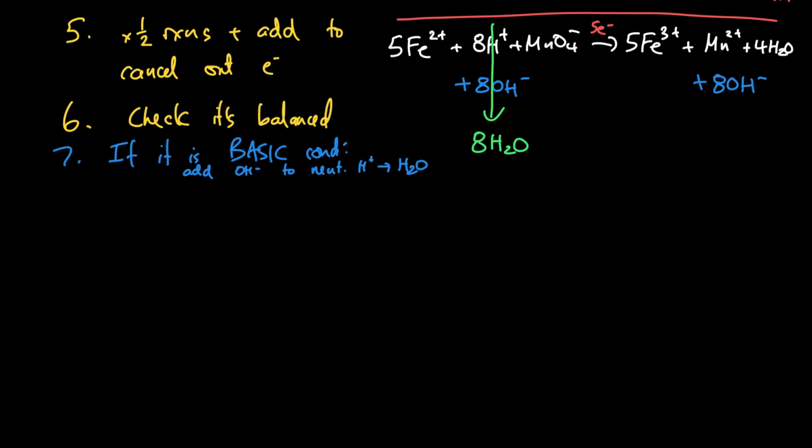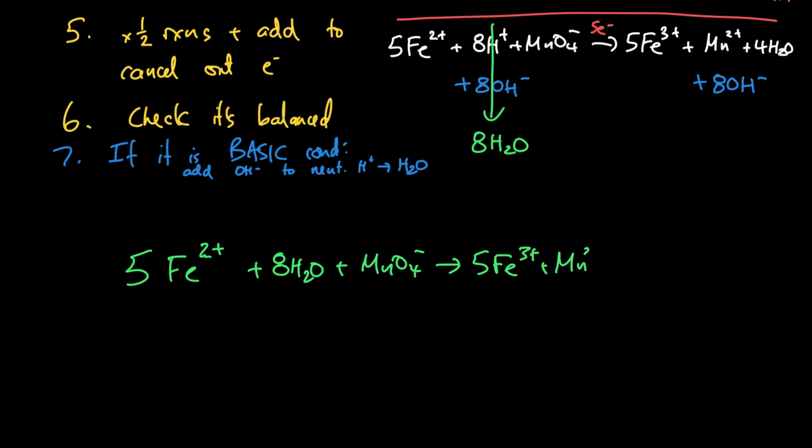So now we can rewrite this equation as 5 iron 2s and 8 waters and a permanganate going to form 5 iron 3s, a manganese 2, 4 waters, and 8 hydroxide ions. And actually we can see there's 4 waters on the right and there's 8 on the left, so we can cancel out 4 of those 8. And that gives us our final equation here.